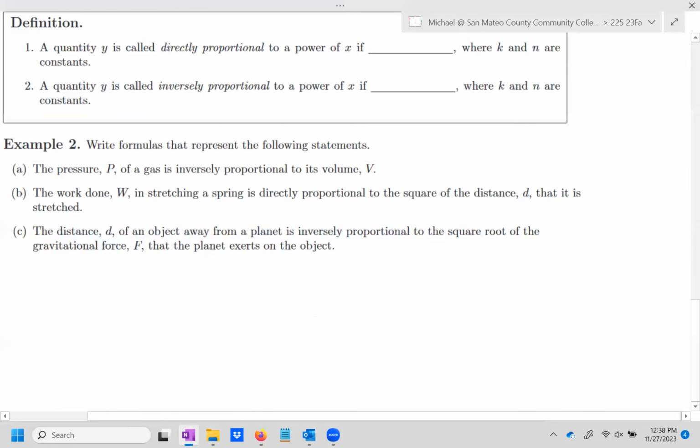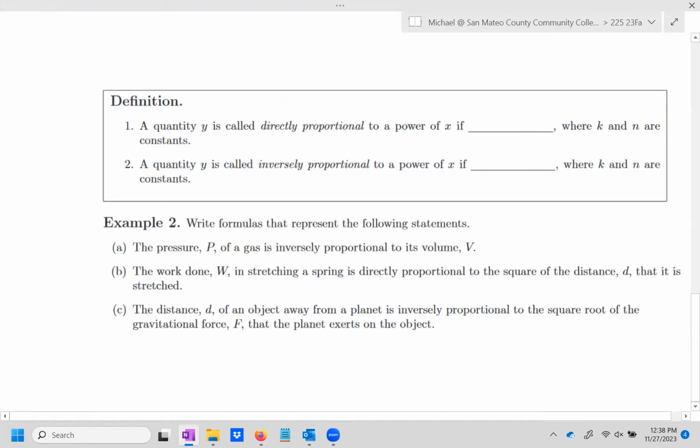Okay. Quantity y is called directly proportional to a power of x if y is equal to k times x to the n. That's multiplication. Directly proportional means this quantity is equal to some constant times the power of n.